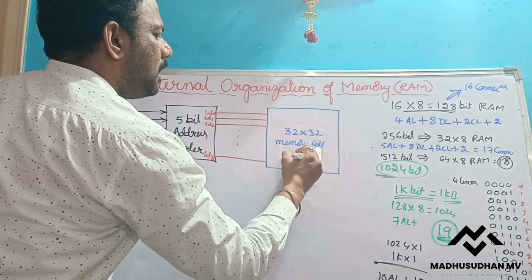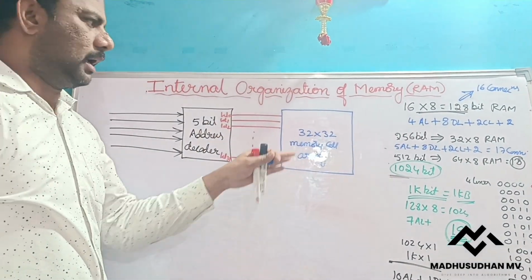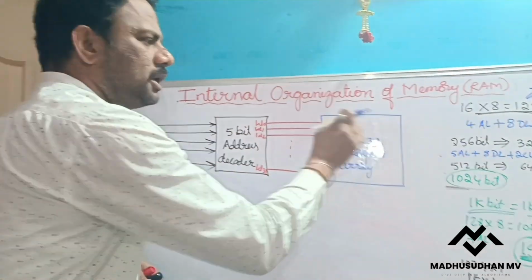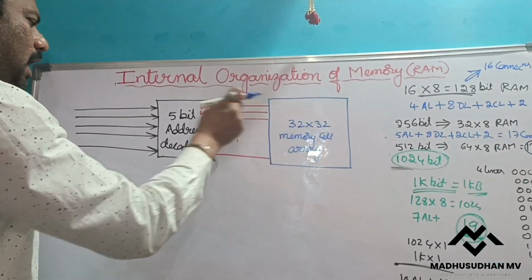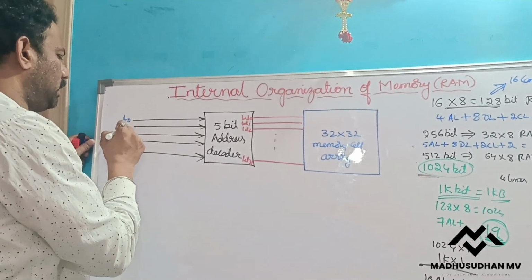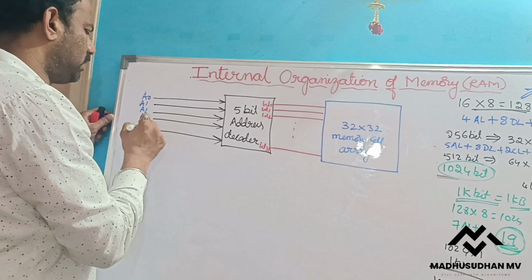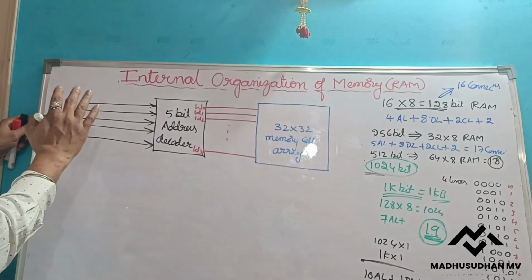That means I am arranging the flip-flops in the form of an array. To identify one row, 32 means 2 to the power of 5, so I am using 5 address lines. Let us say these are A0, A1, A2, A3, A4. You can give any other names, not a problem.